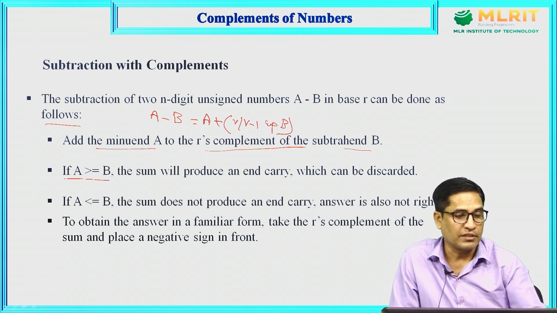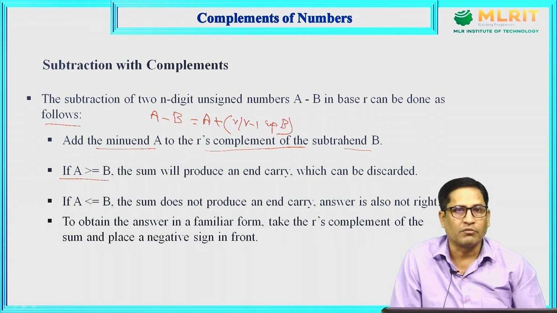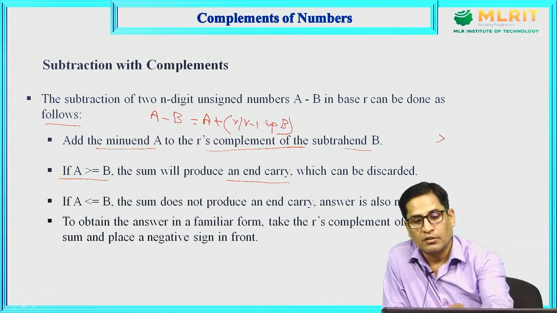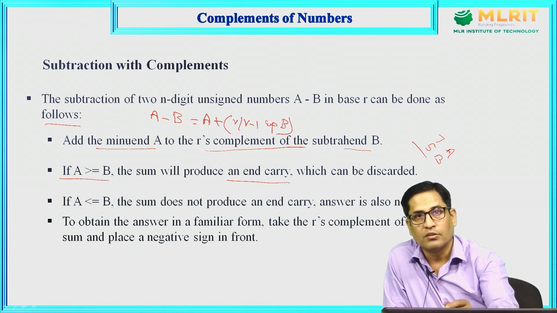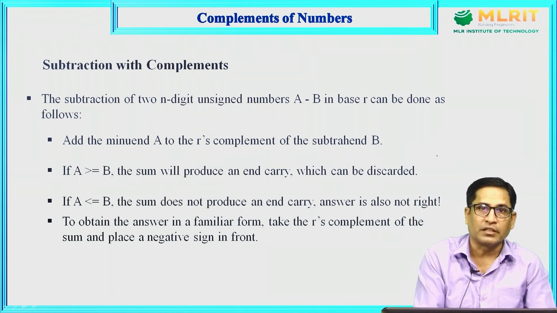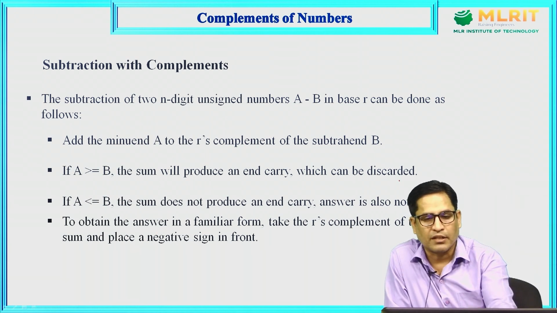The first case is if a is greater than or equal to b, the sum will produce an end carry. That means if I perform the previous example, 7 minus 5, a is greater than b, and that's why an end carry is going to be generated, and we have to discard the carry.